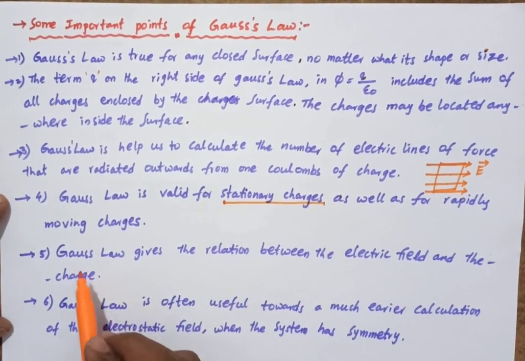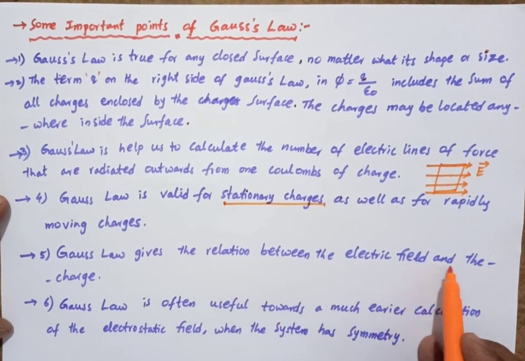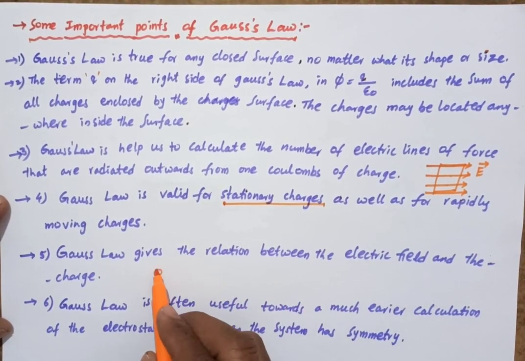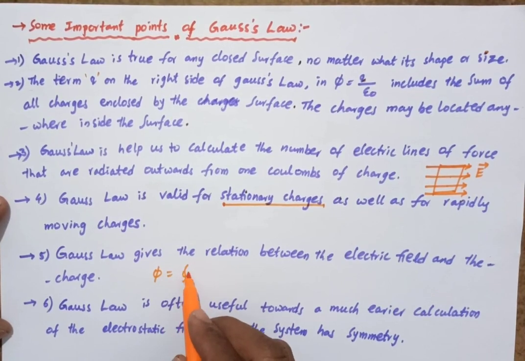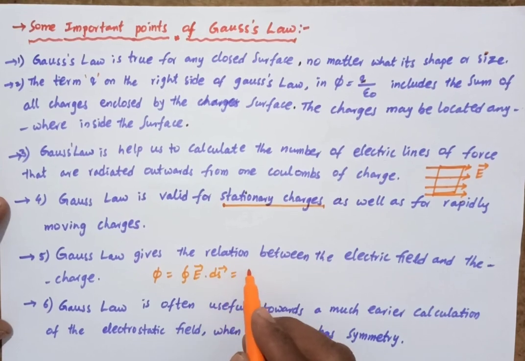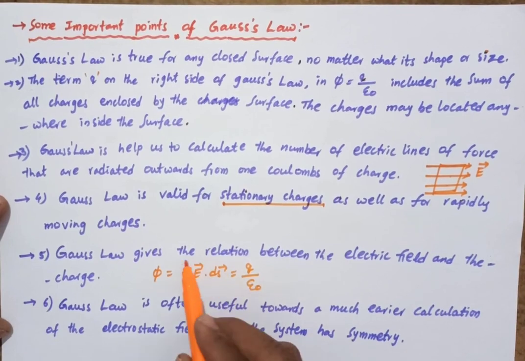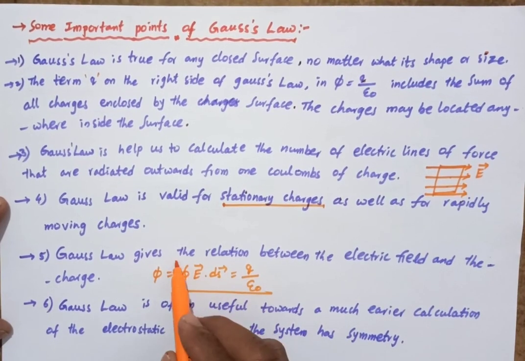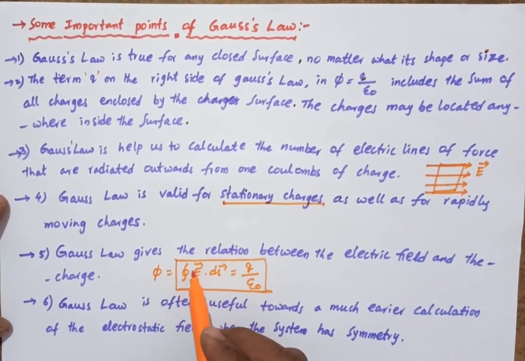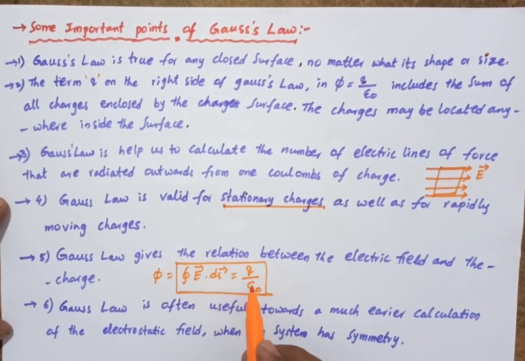Next one, Gauss law gives the relation between the electric field and the charge. Here the equation is phi equals the closed integral of E bar dot ds bar equals Q by epsilon naught.